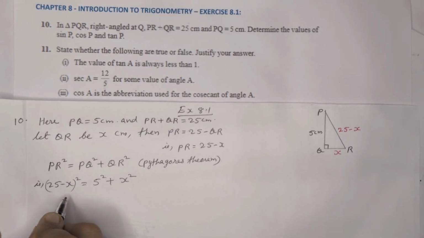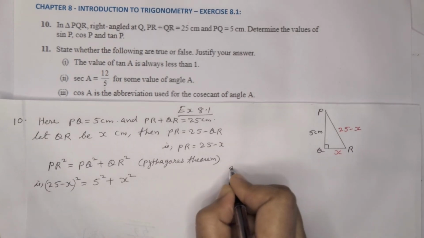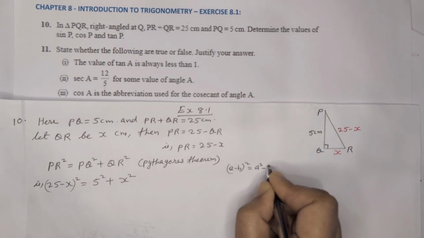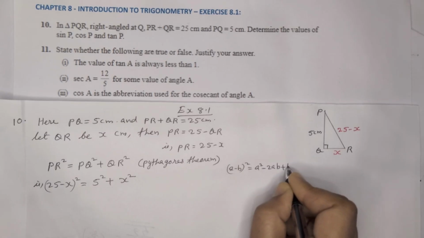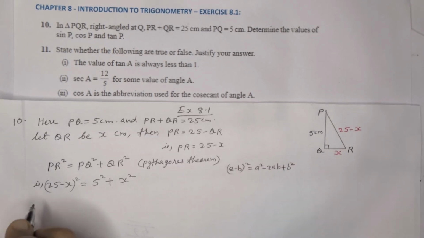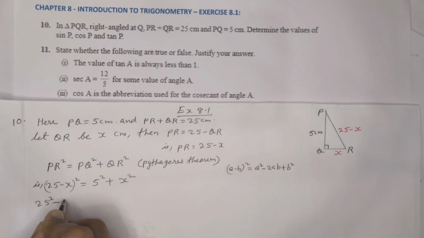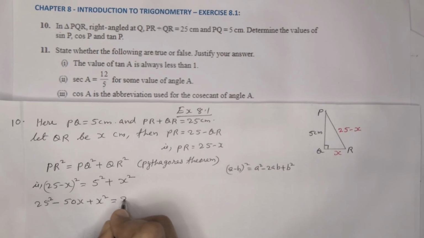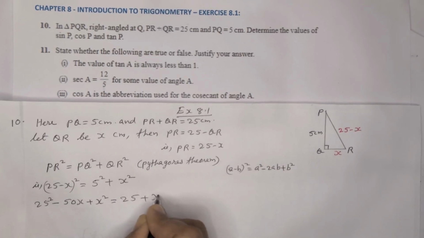When we are opening this by using the identity a minus b the whole square is equal to a square minus 2ab plus b square, we get 25 square minus 2 into 25 into x, 50x, plus x square is equal to 5 square is 25 plus x square.